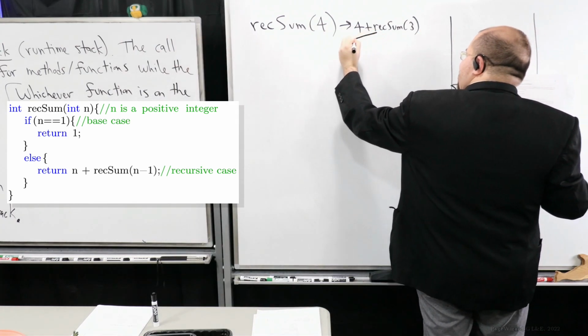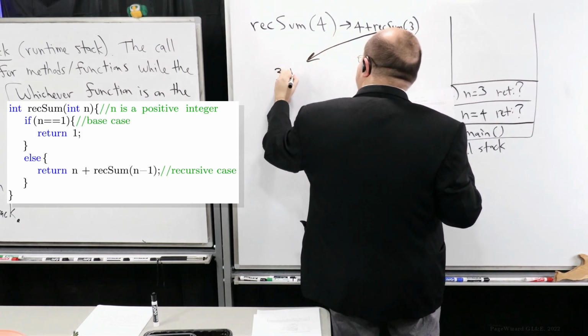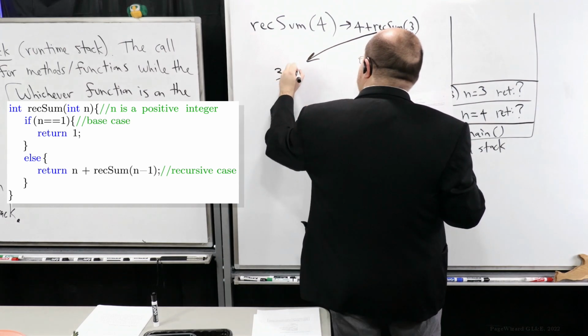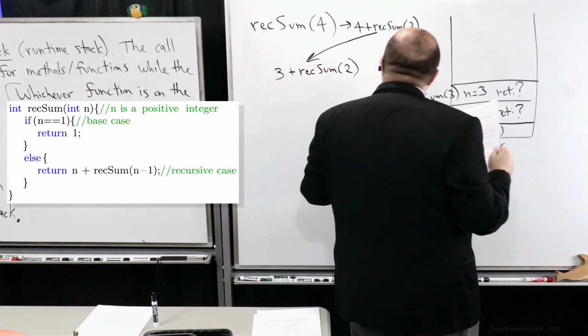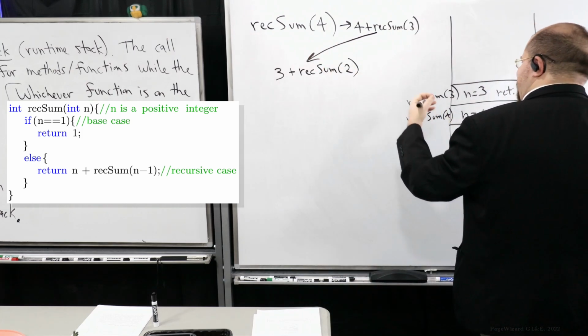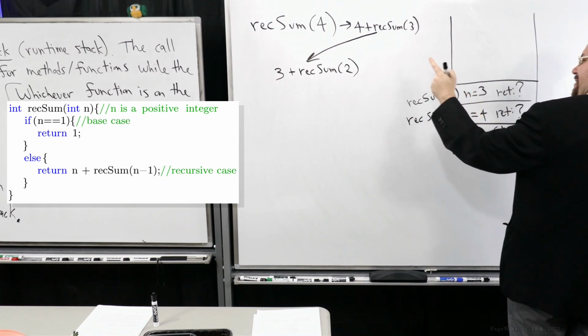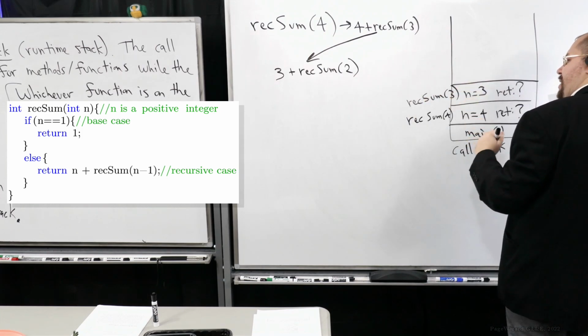But now rec sum 3 is going to attempt to answer the question by saying 3 plus rec sum 2, right? So it's 3 plus this function call. Remember that returns a number, but to complete this addition, I need the answer of rec sum 2.